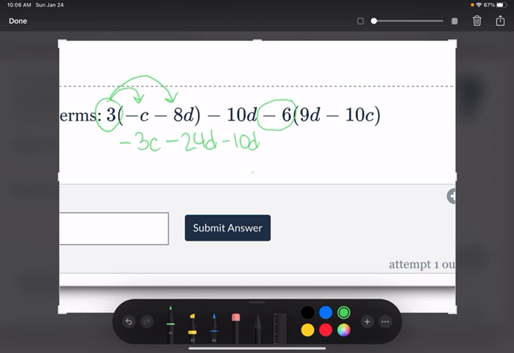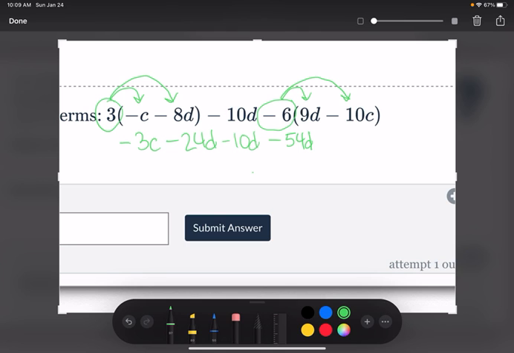And now I'm going to be distributing the -6 into the parentheses here. -6 times 9d will give me a -54d.